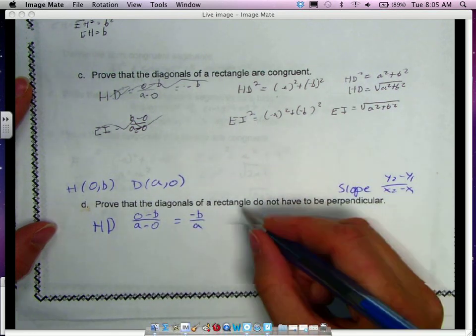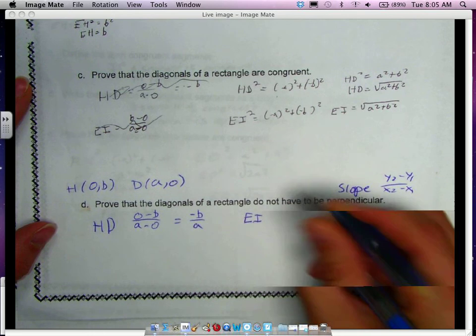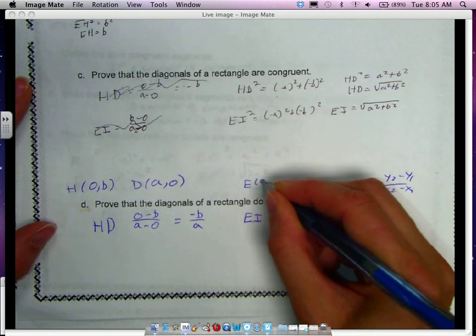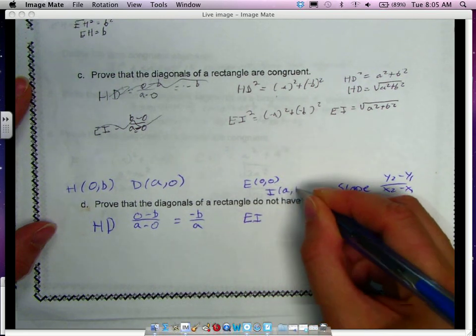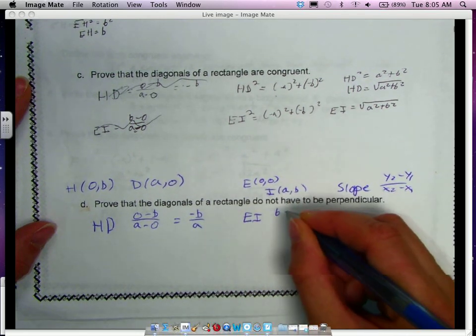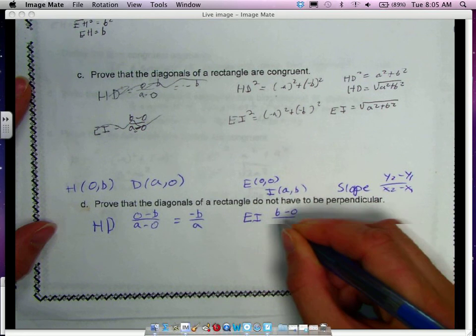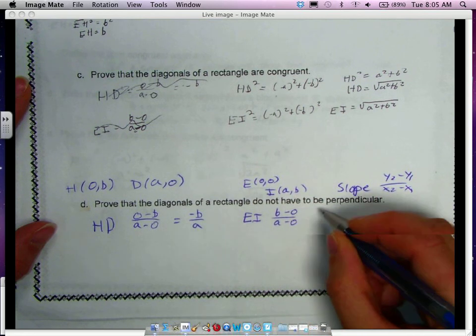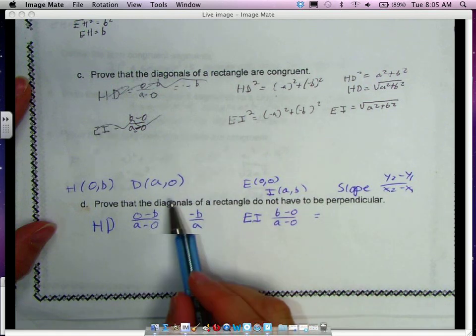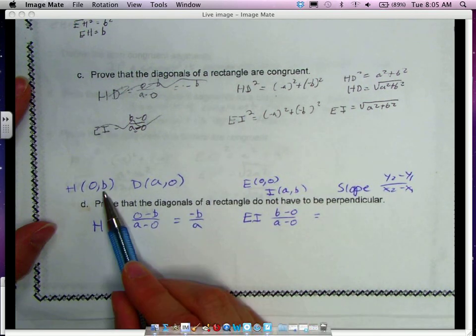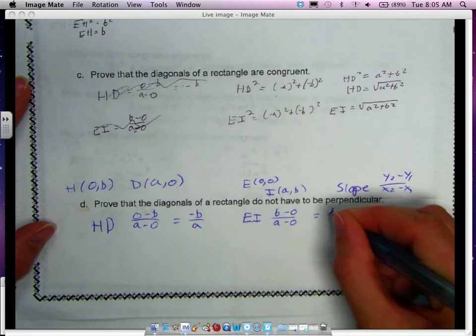Now I want E, I, and I know E is 0, 0, and I is A, comma B. So I'm going to go B minus 0 over A minus 0, right? I did the y's, and so I get B over A.